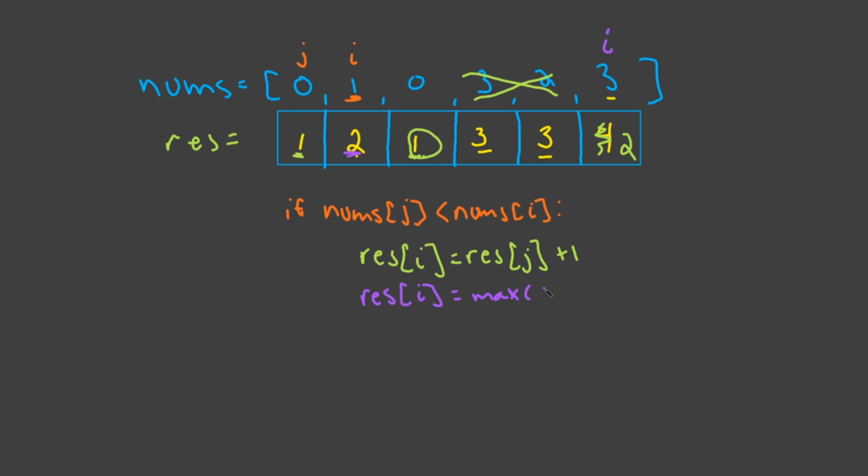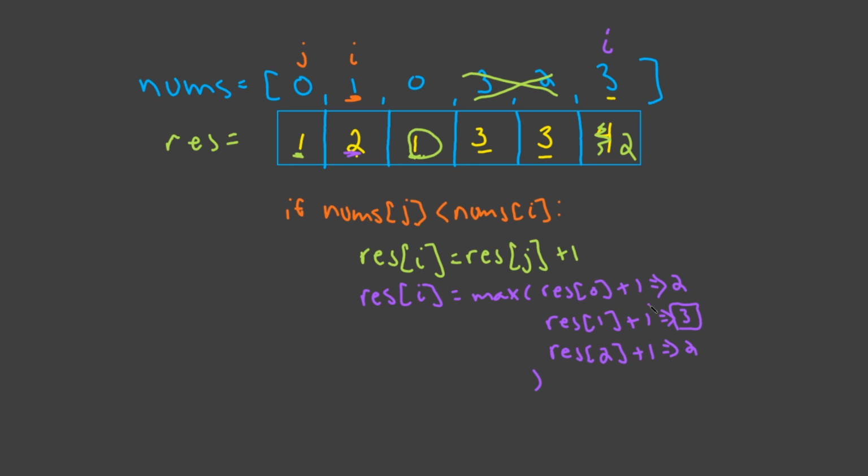So we would have max of result at 0 plus 1, and result at 1 plus 1, and result at 2 plus 1. And the value for this one would be result at index 0 plus 1, which would be 1 plus 1, so 2. And then here it would be 2 plus 1, so 3. And then here it would be 2. So what we want to keep is this value here.